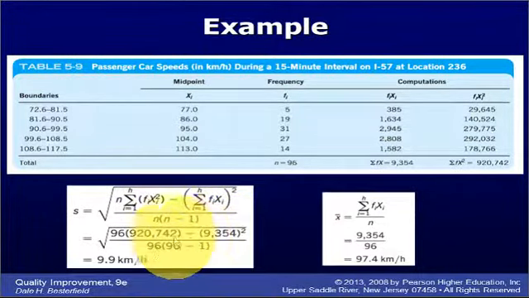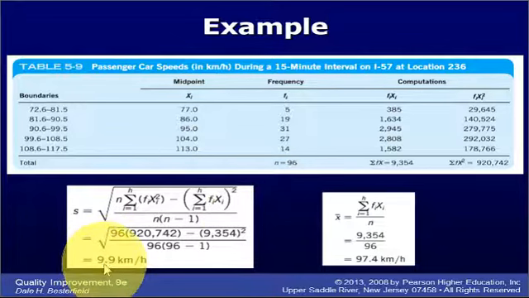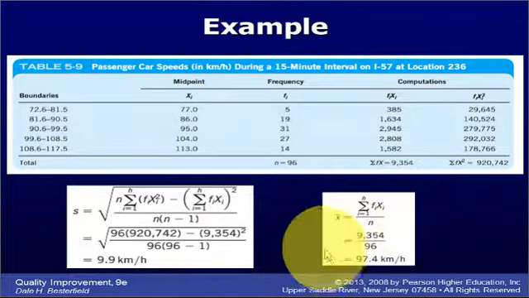And divide it by n times n minus 1, which equals 96 times 95. And we put the square root here. That gives us 9.9 kilometers per hour. And this is the standard deviation that we have. For your information, I also recorded the average here.